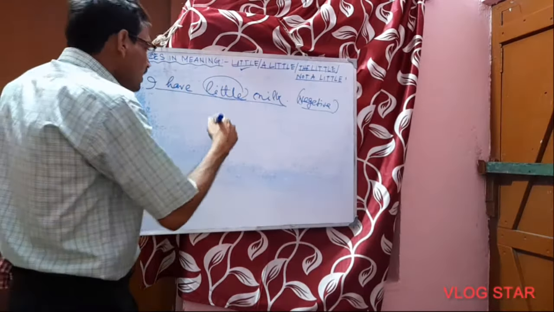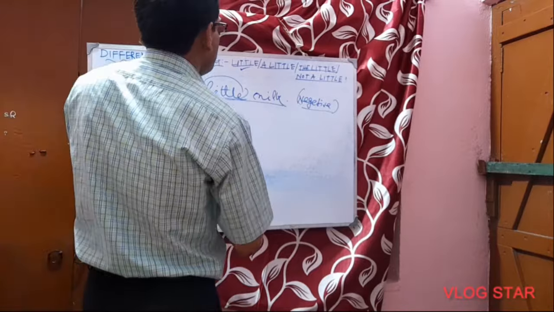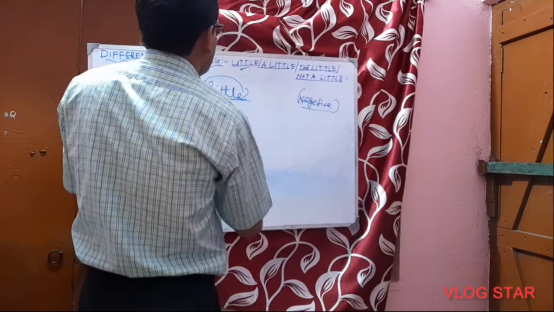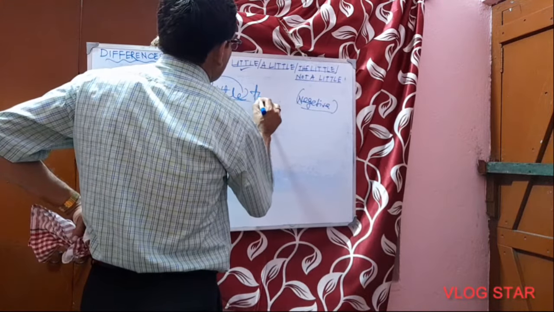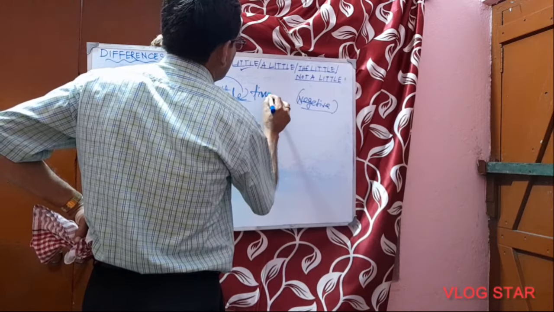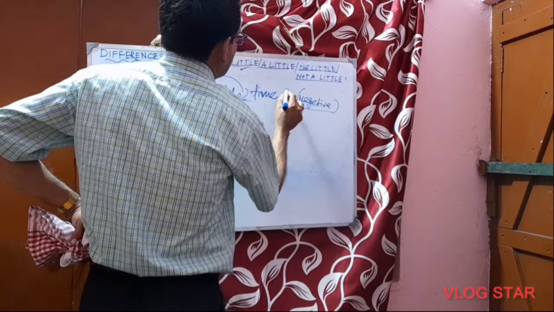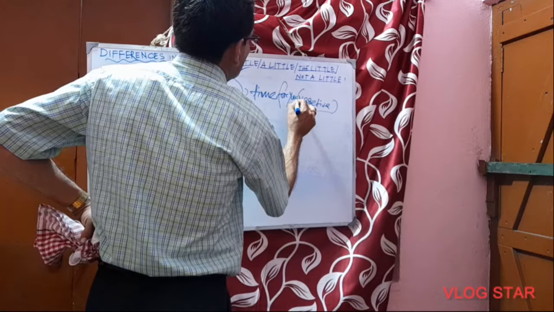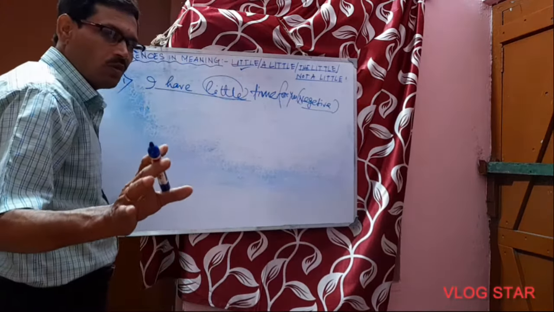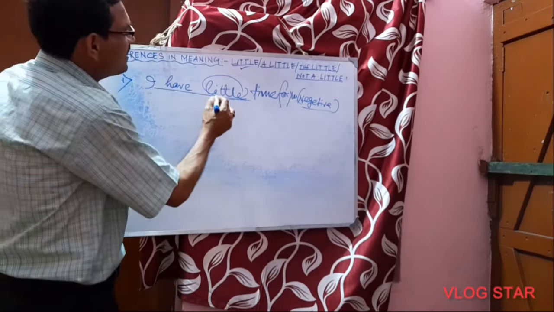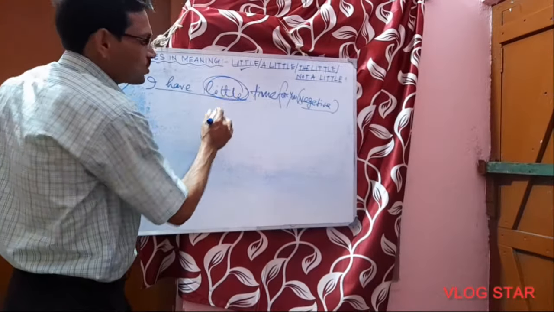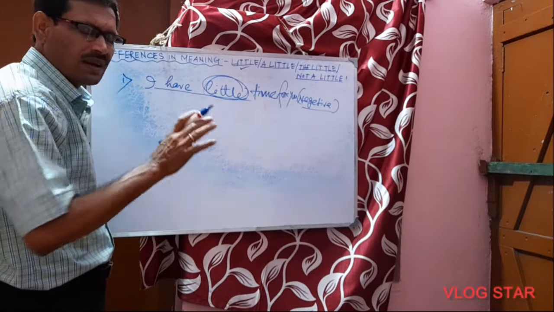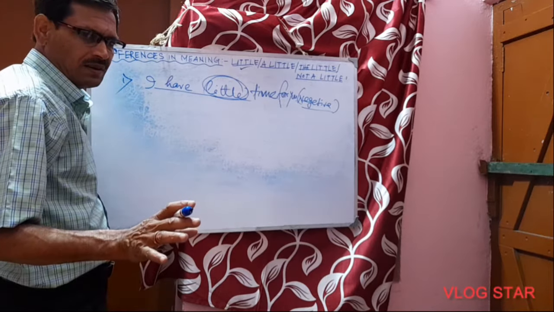Or you say another way, I have little time for you. তোমার জন্য আমার খুব কমই সময় আছে. তো it has negative force, totally negative force, that cannot be considered.